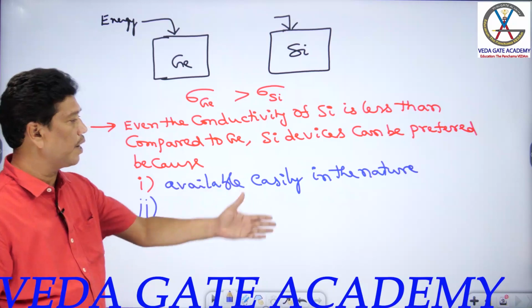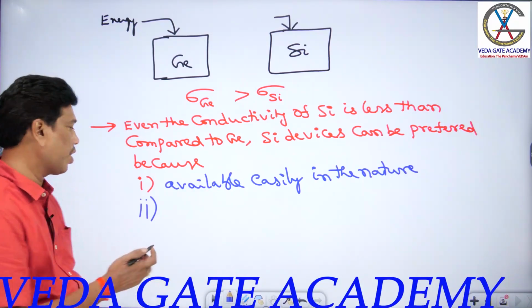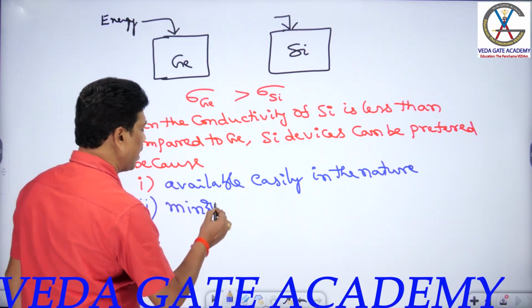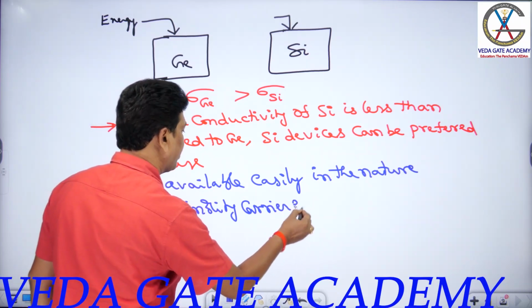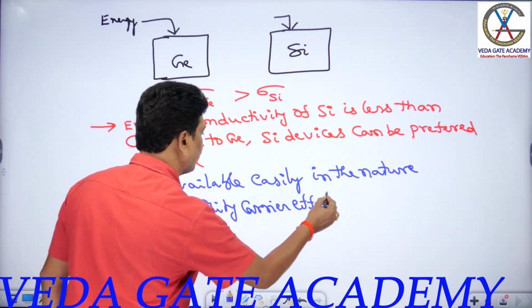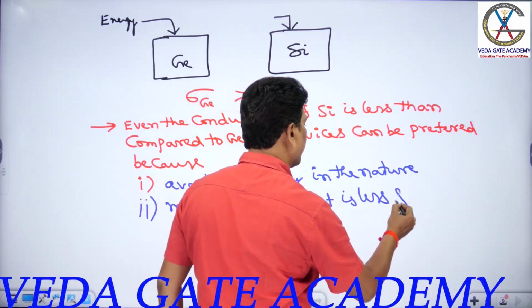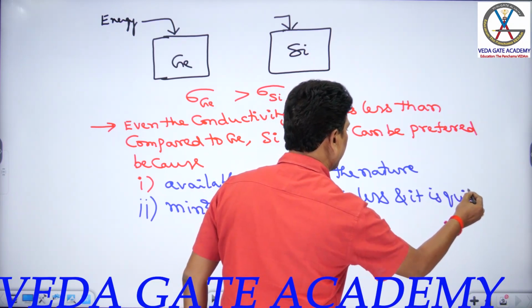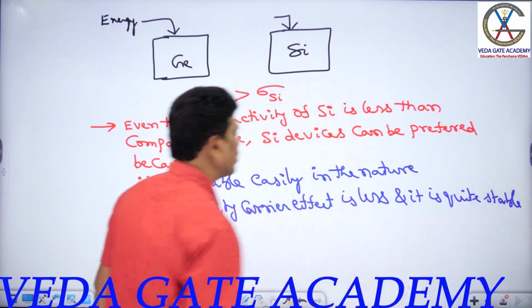So as compared to germanium, in silicon the minority carrier effect is less and it is quite stable than germanium. This is one more reason.